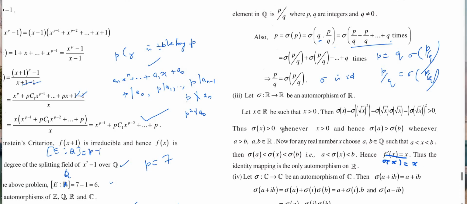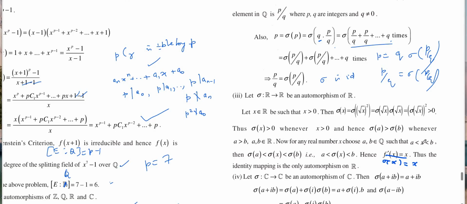Thus sigma of x is positive whenever x is positive. So we have sigma of a greater than sigma of b whenever a is greater than b, for a, b in R. Now, for any real number x, choose a and b in Q such that a is less than x less than b.